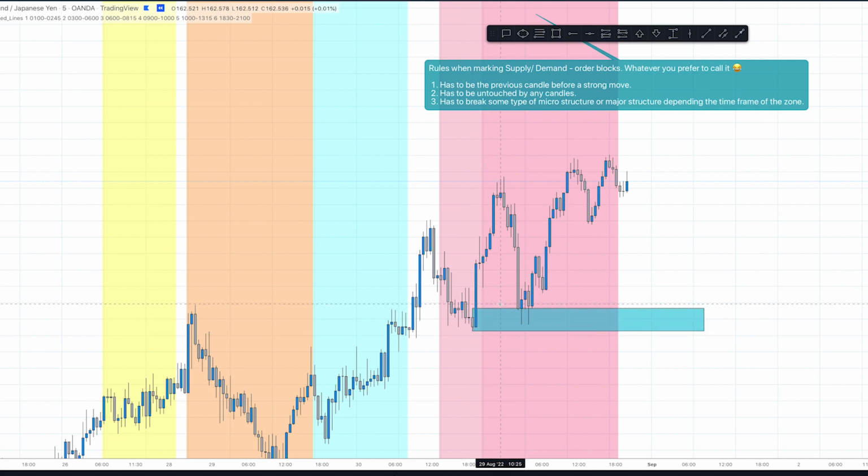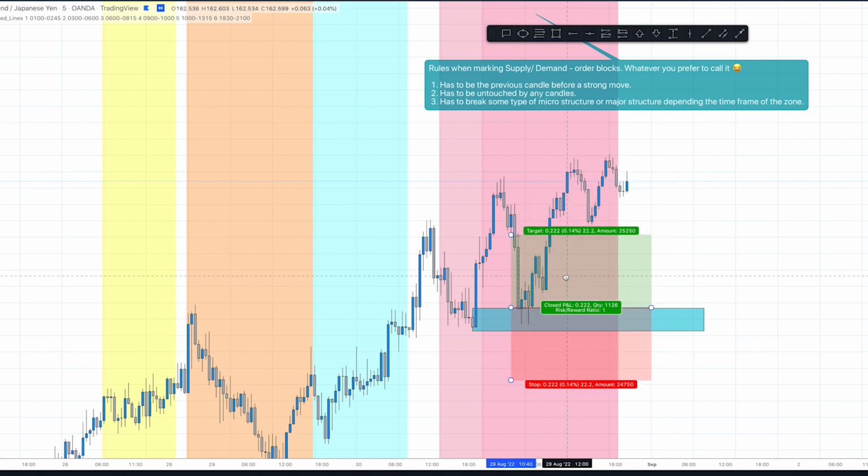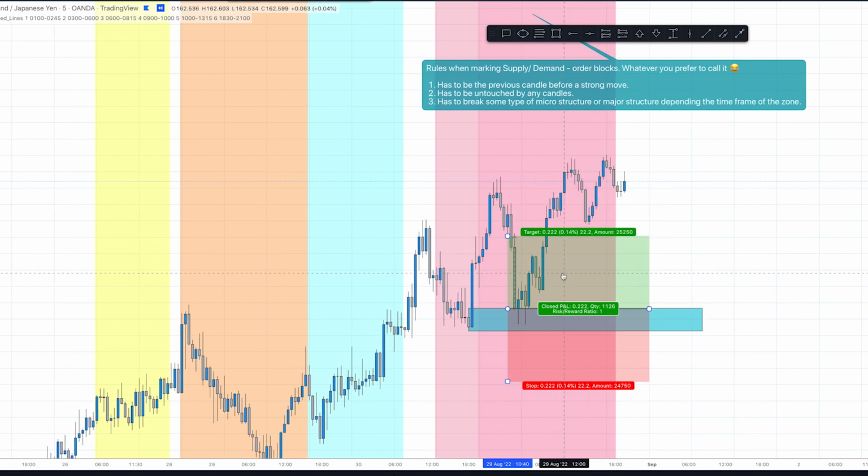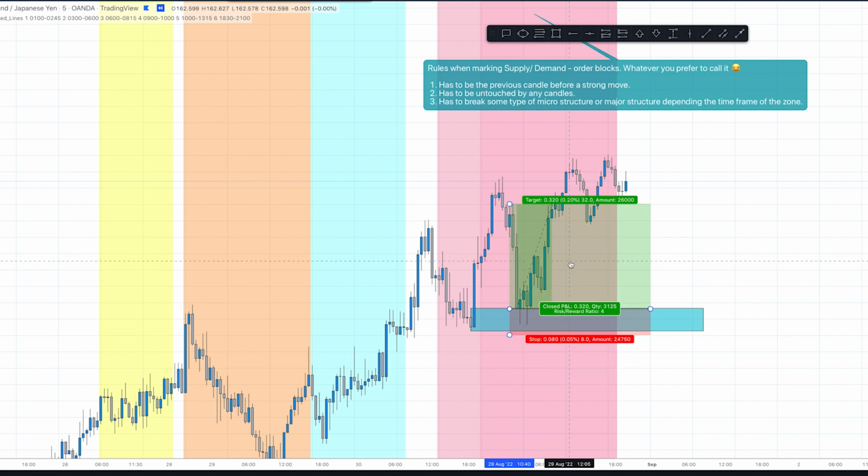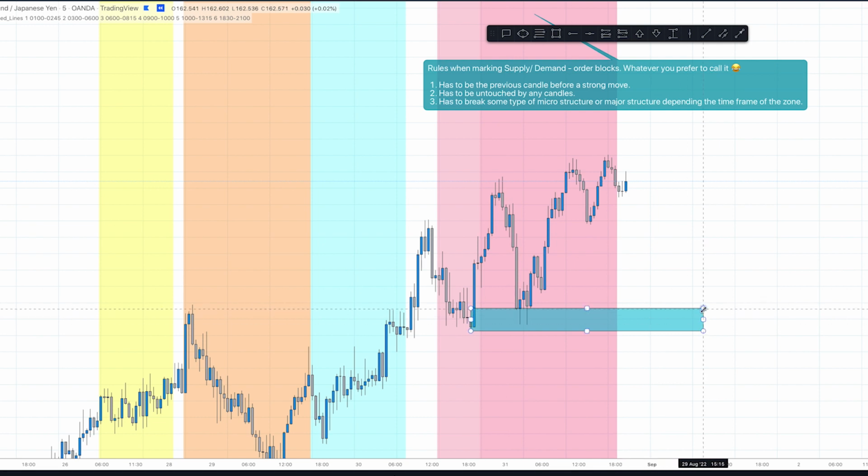The area is untouched, not touched by any candles leaving the zone, and it has to break some type of microstructure or major structure. Oh, we broke this high right here. So you can see that a clean buy could have been taken right here. Could have got a nice 1 to 4 risk to reward. Let me delete this.